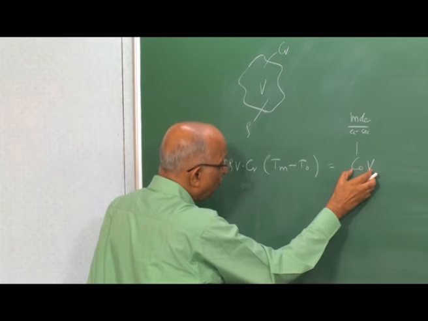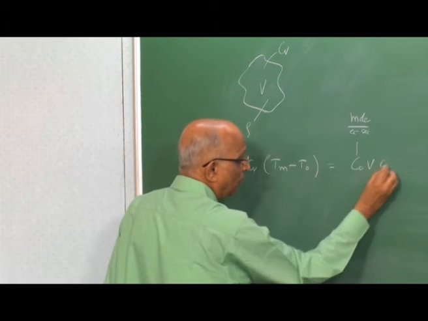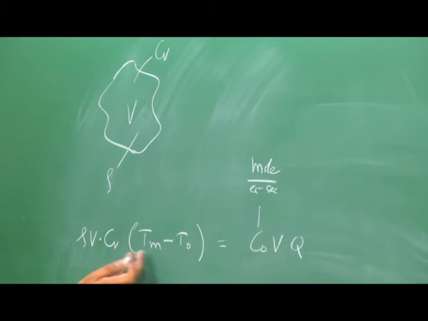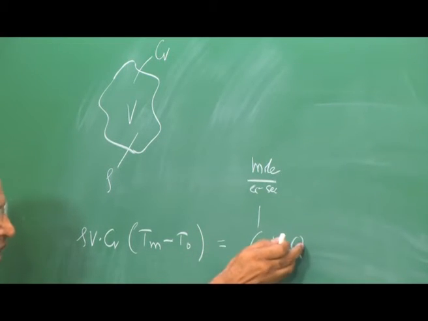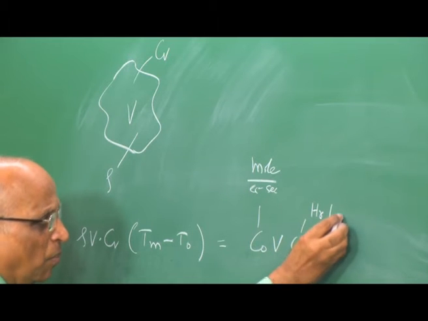If the total number of moles react, and per mole of reactant the heat liberated is Q joules, I can say rho V Cv into Tm minus T0 is equal to C0 V into Q, where Q is the total heat of the reaction, equal to HR per mole over here. Equation 1.